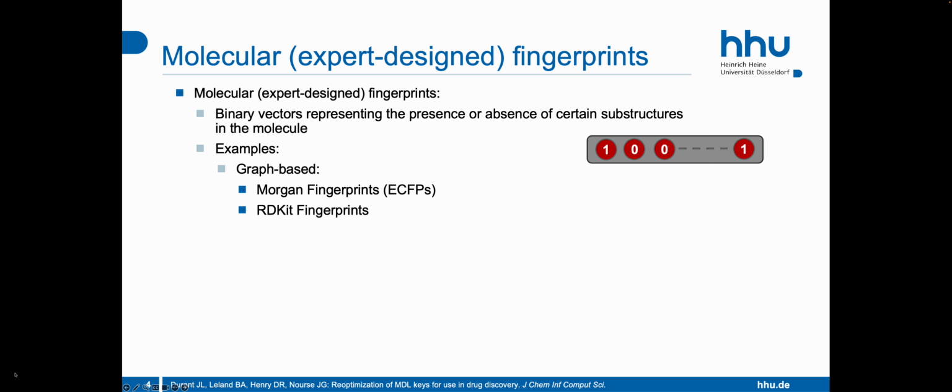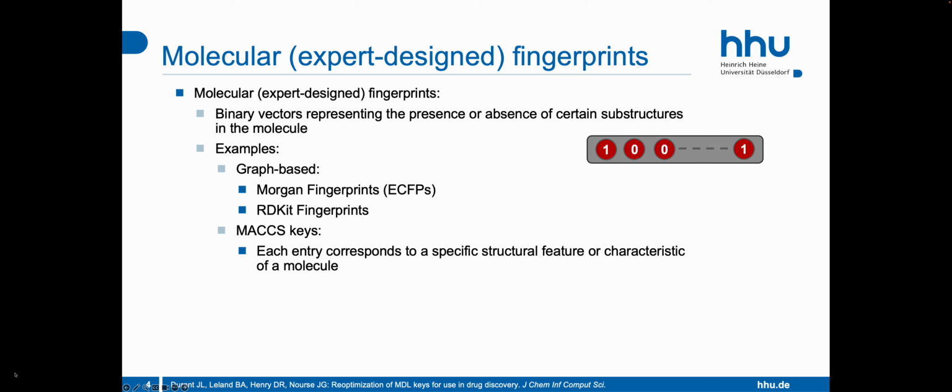Another example are the MACCS keys that are somewhat similar to the molecular descriptors we have seen on the previous slide. In MACCS keys, each entry contains the information if a certain chemical structure is present in a molecule.